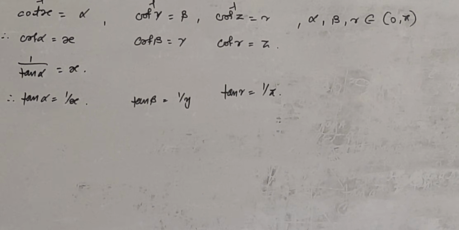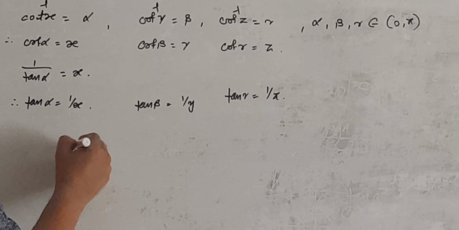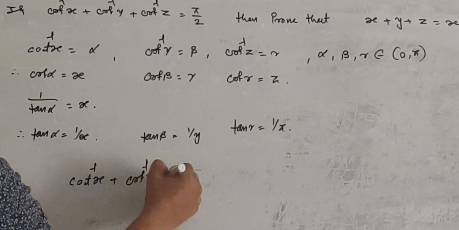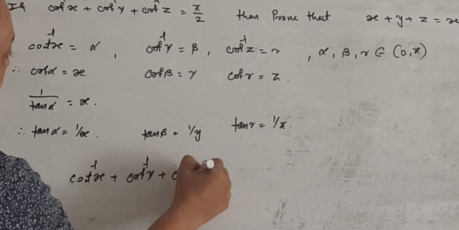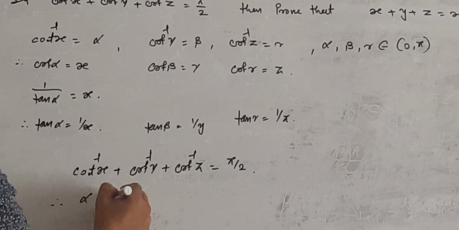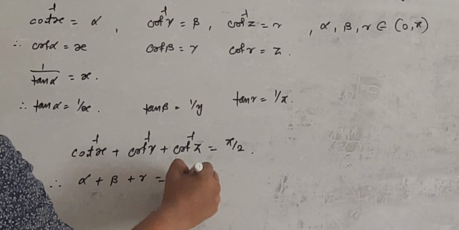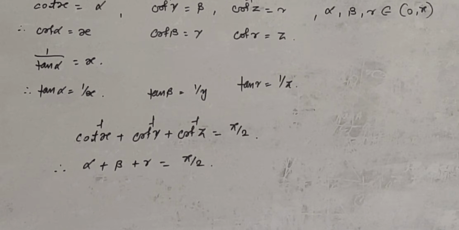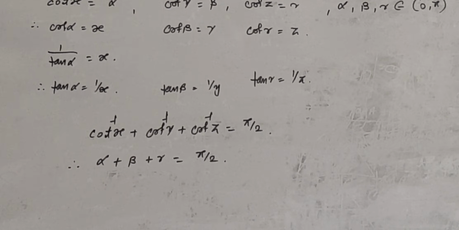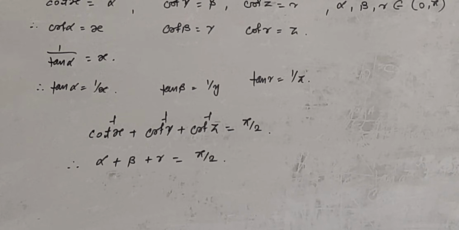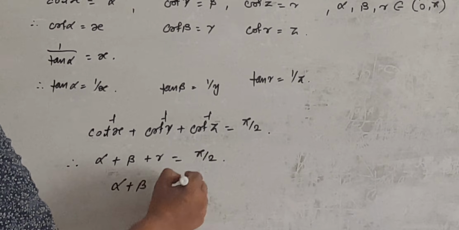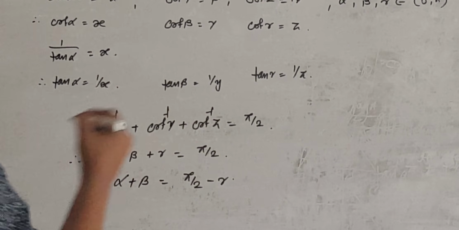Now we keep the values. Here you have the first result, cot inverse x plus cot inverse y plus cot inverse z is equal to pi by 2. Means alpha plus beta plus gamma is equal to pi by 2. So alpha plus beta is equal to pi by 2 minus gamma.